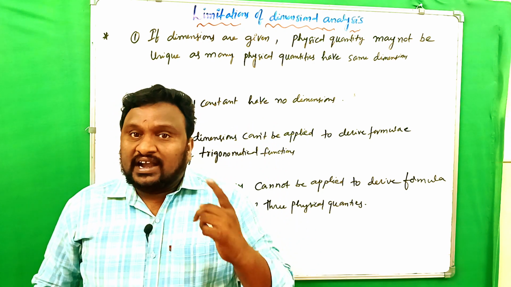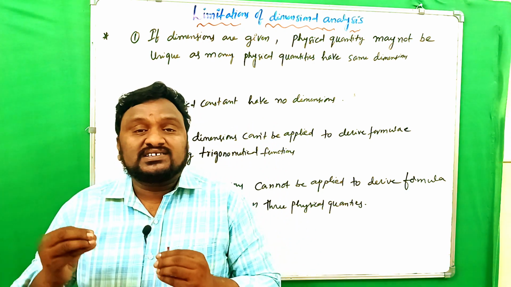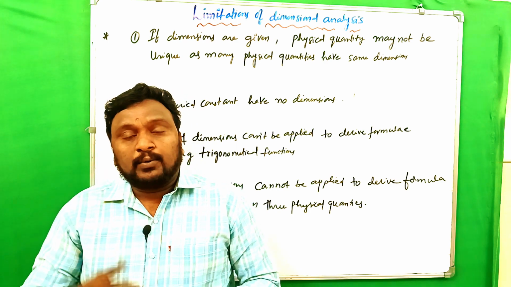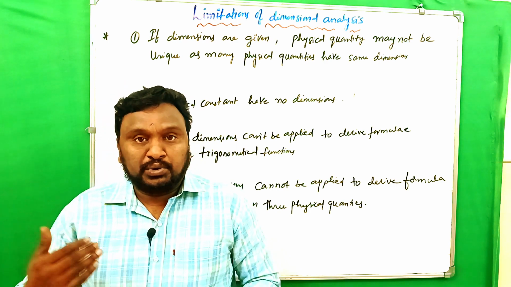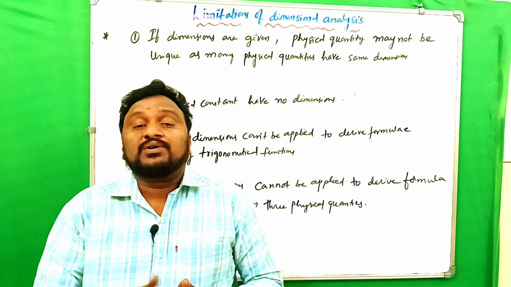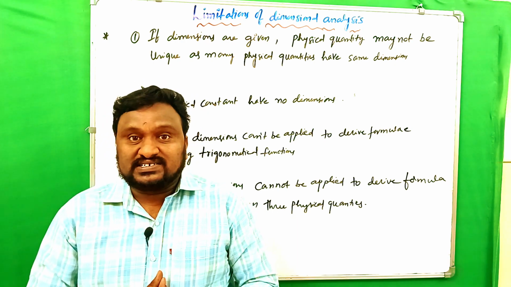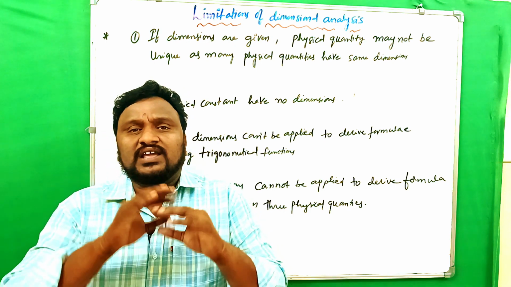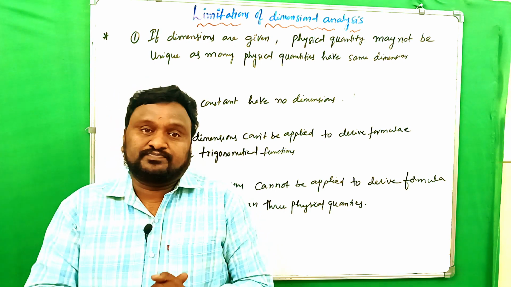Clear? And next, dimensional analysis cannot explain the proportionality constants that we use in the derivation of physical quantities. We are using some constants, but dimensional analysis does not give any information about them.